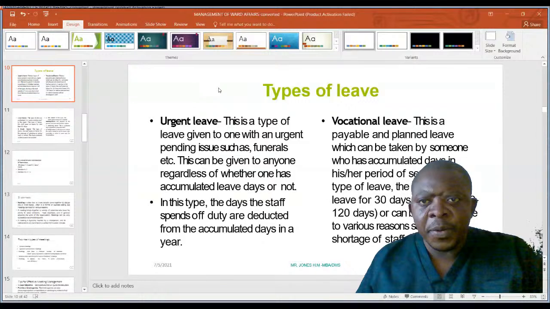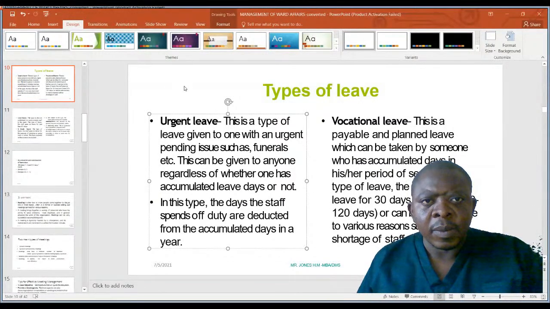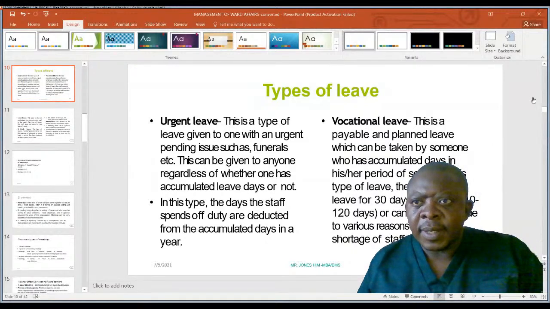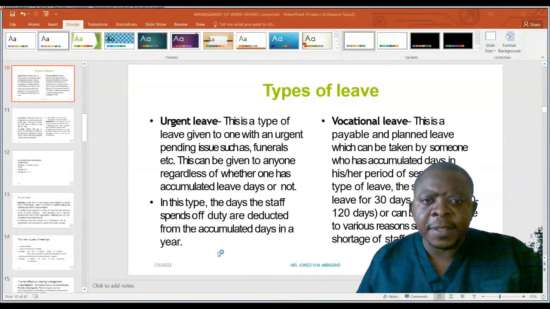This can be given to anyone regardless of whether one has accumulated leave days or not. In this type of leave, the days the staff spends off duty are deducted from the accumulated days in a year.